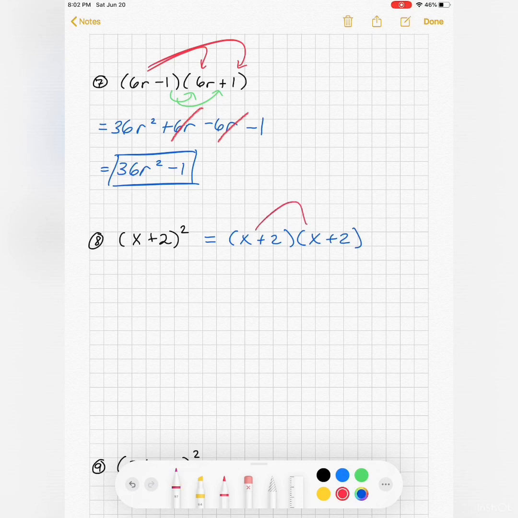So I actually still have to do this FOIL process. So what is that? It's an x squared plus a 2x plus a 2x plus a 4. It's an x squared plus a 4x plus a 4.